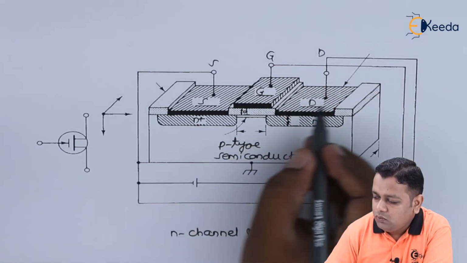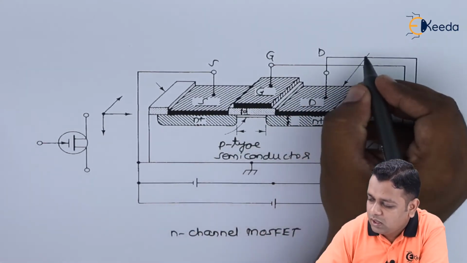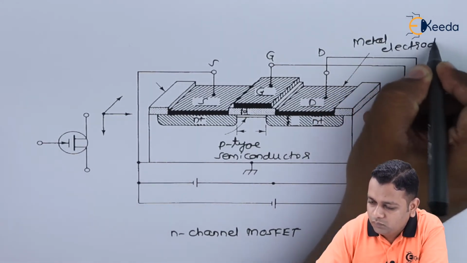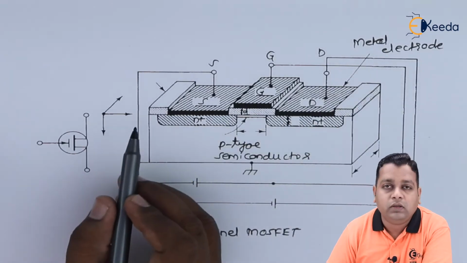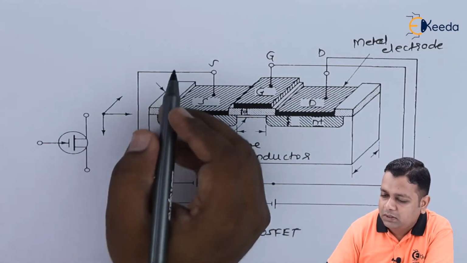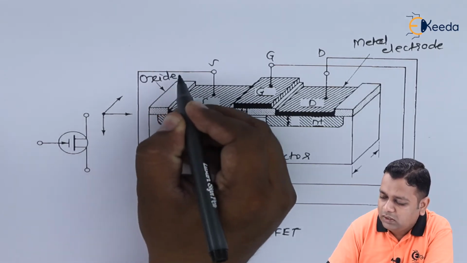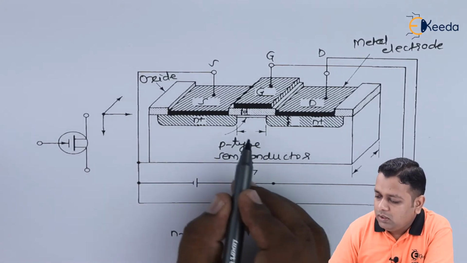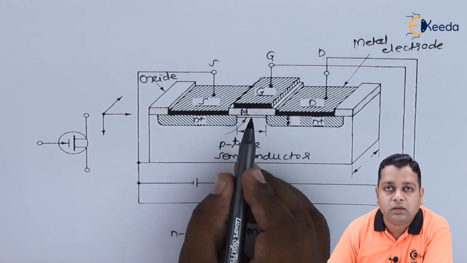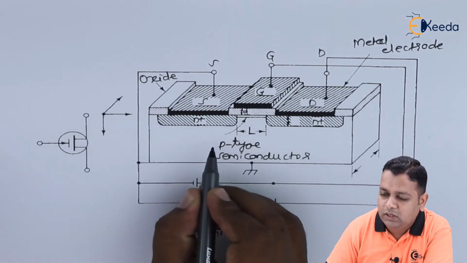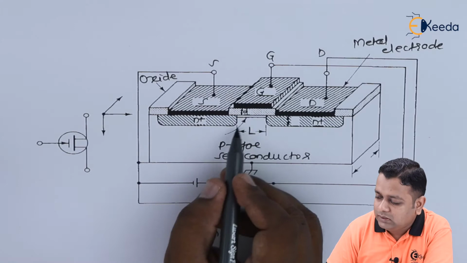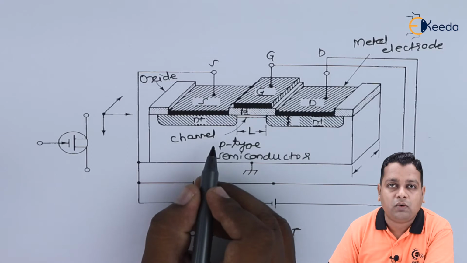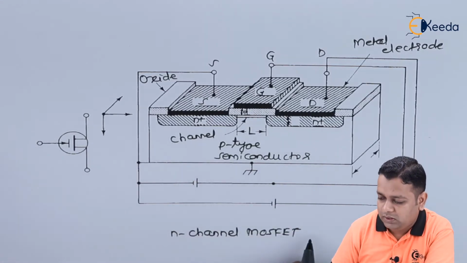With respect to the drain terminal, we have the metal electrode connected, whereas between the metal and the semiconductor, very importantly, it is the oxide material, as we have talked, SiO2 that will be available here. Now the length of the gate dimension is represented by capital L, whereas this is nothing but the exact channel, because of which we have named it the N channel MOSFET.